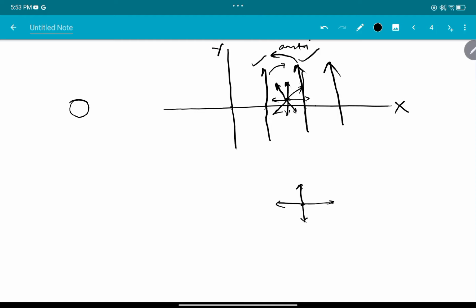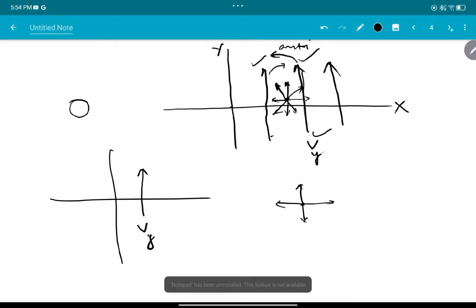Now, suppose this velocity is slightly more than this. If I call the velocity v, it is directed in the y direction, so I write vy. If the velocity in the y direction is changing with x, that means at this x the velocity is less, and at this x the velocity is more.